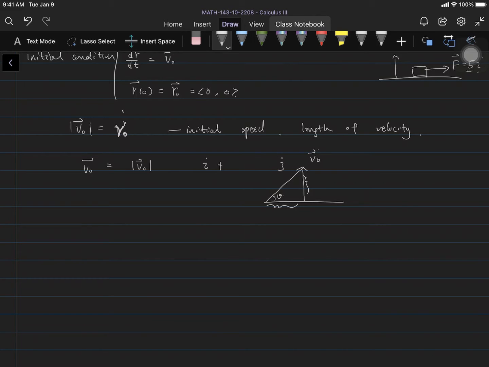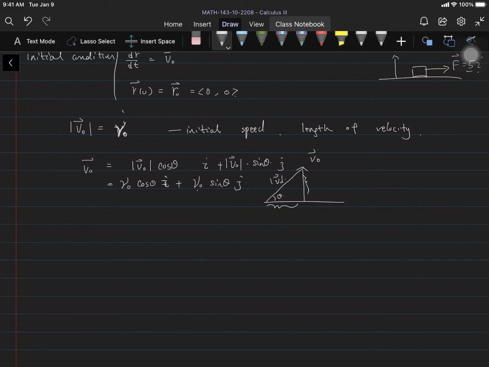Okay, so you can see the i component should be the velocity magnitude times cosine theta. Is that right? And the j component should be the absolute length, which is also the speed, times sine theta. And we rewrite this as the initial speed times cosine theta i plus the initial speed times sine theta j. Okay, so this is our initial velocity.